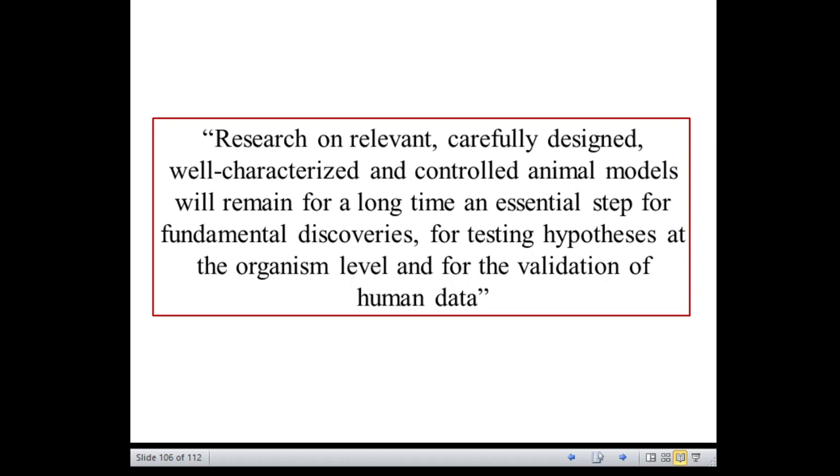So why is it so much required? Because of the remarkable anatomical and physiological similarities. That has prompted many of us to investigate a large number of novel therapies against various diseases in animal models.